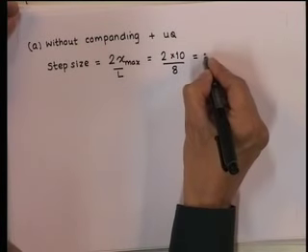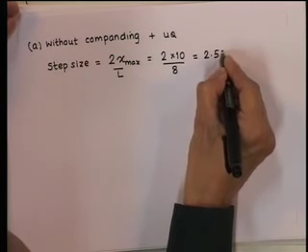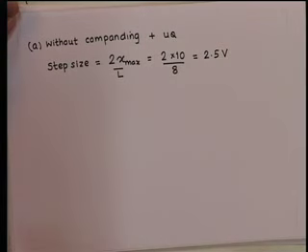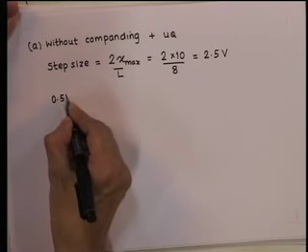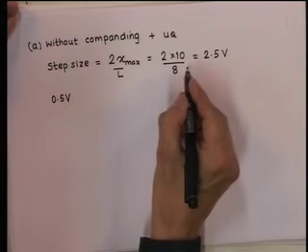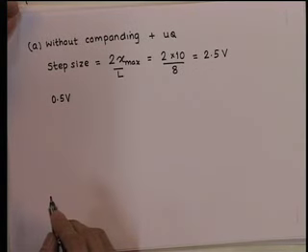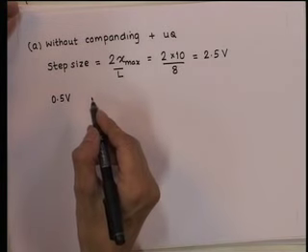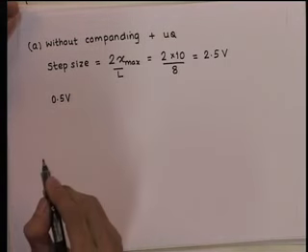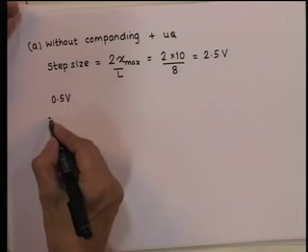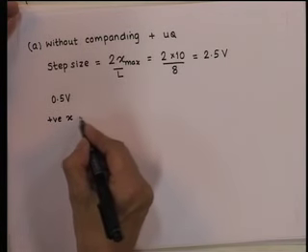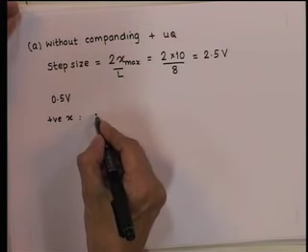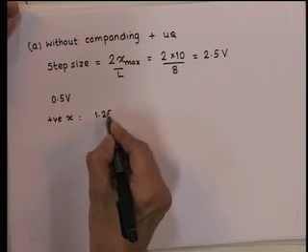So, the step size is 2.5 volts. Now, the given input 0.5 volt lies between 0 and 2.5 volt. Therefore, the first reconstruction level for the positive x is 1.25 volt.